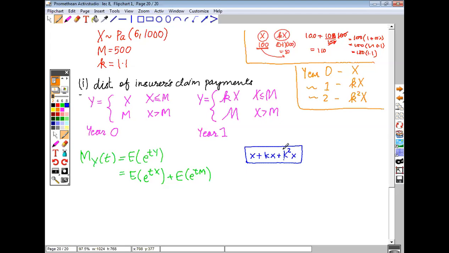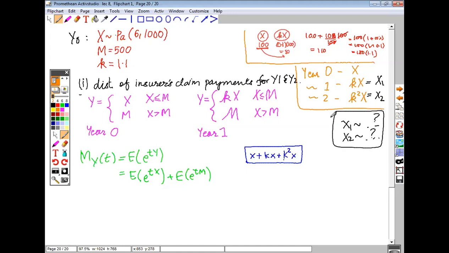But the question asks us to find the distribution of insurer's claim payments for year one and two, because we know that in year zero, X follows Pareto(x, 1000). So if I denote these by X1 and X2, these are my claims in year zero, year one, and year two. Now I want to know what is the distribution of my X1 and what is the distribution of my X2.